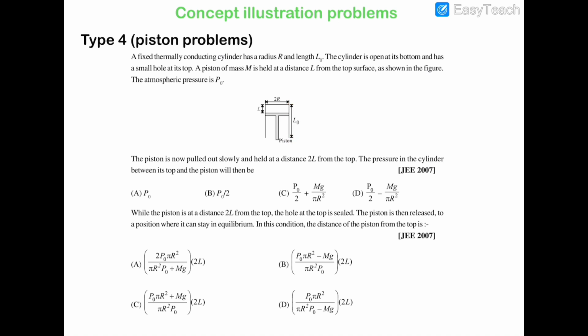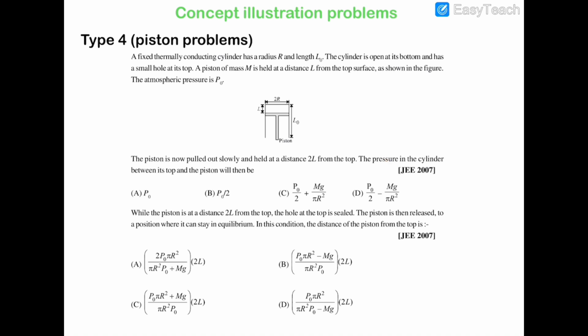The cylinder is open at the bottom and has a small hole at its top, and a piston of mass M is held at a distance of L from the top surface as shown, and the atmospheric pressure is P0. Now this piston is pulled out slowly, and it is held at a distance of 2L from the top while this hole is open, and we have to find out the pressure in the cylinder between its top and the piston.